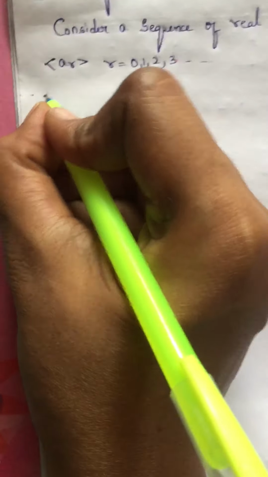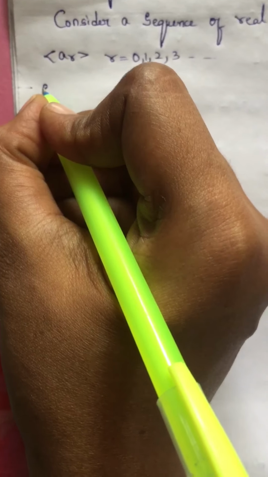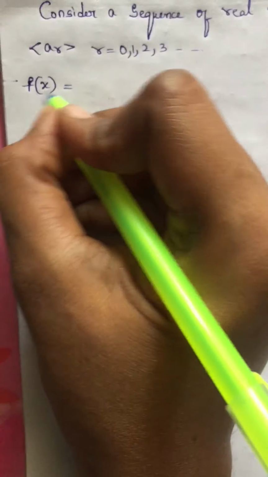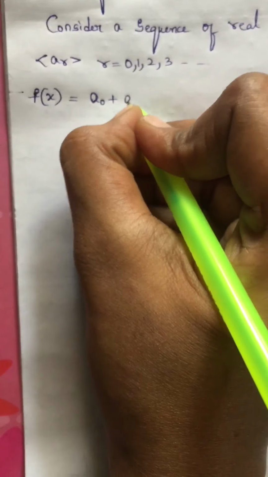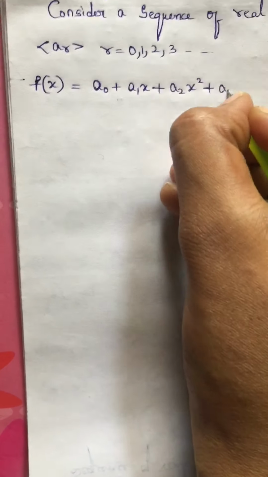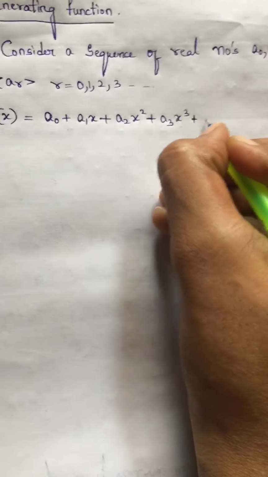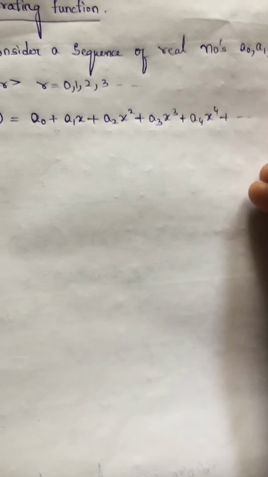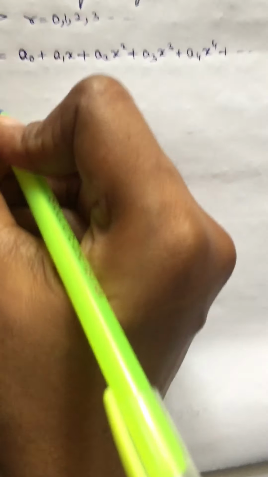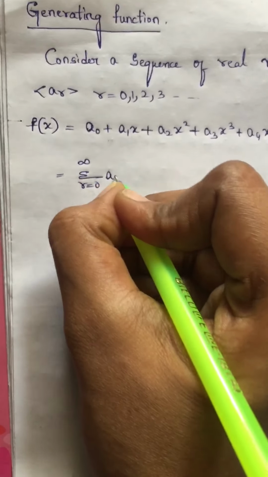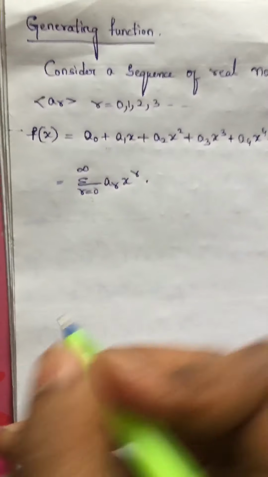Suppose there exists a function f of x whose expansion is a0 plus a1x plus a2x square plus a3x cube plus a4x power 4 and so on, plus ar x power r and so on. This expansion can be written as summation r equal to 0 to infinity a suffix r x power r.